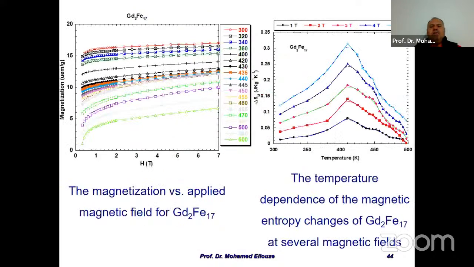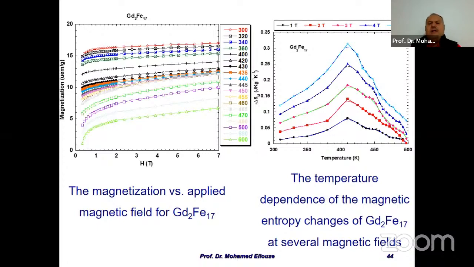Here we have also performed magnetization versus applied magnetic field at different temperatures for this sample. Using this result and the formula between magnetic entropy and magnetization, we can also calculate the variation of entropy in this kind of sample.